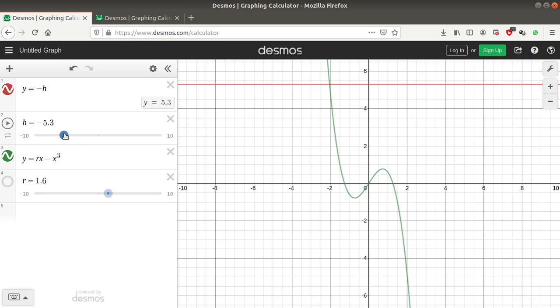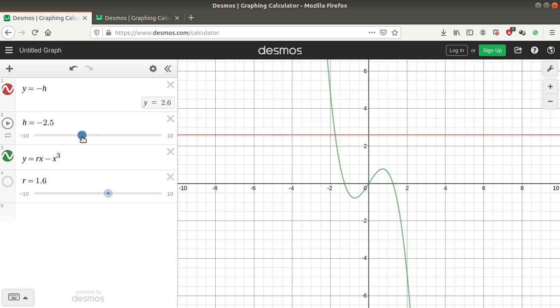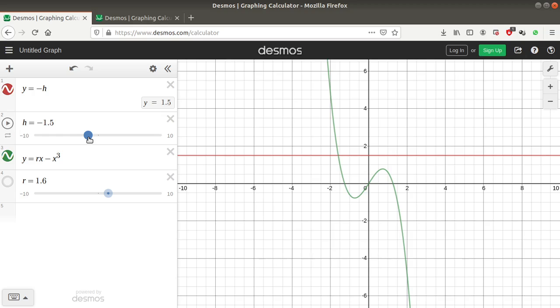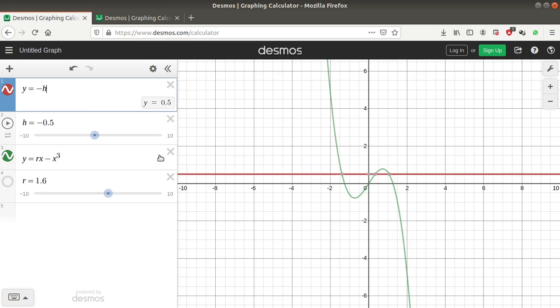At this time, if I change my h value, the fixed point is still 1, but in a certain range, you see there are 2 more points where they intersect.